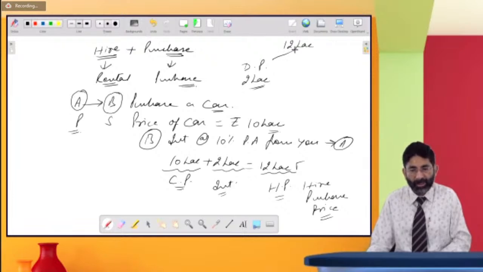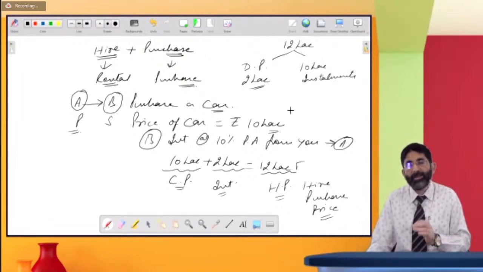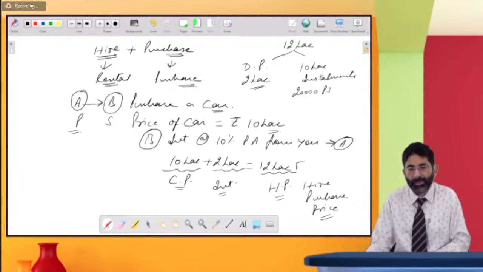Remaining 10 lakh is to be paid in installments. And those installments, assume, will be 20,000 per month into 50 months. So it will be 10 lakh.